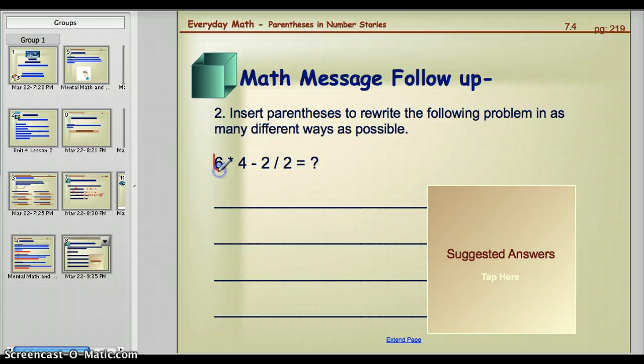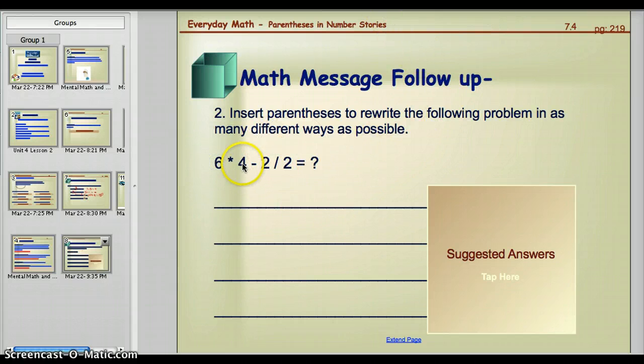So for example, if I put parentheses around 6 times 4, and then parentheses around 2 divided by 2, 6 times 4 would be 24 minus 1, and would give me an answer of 23. Okay, so that's one way I could do it. However, there's probably several different ways I could do this.